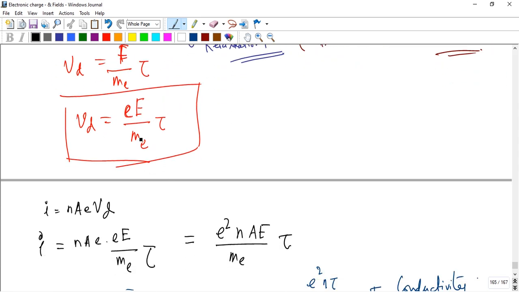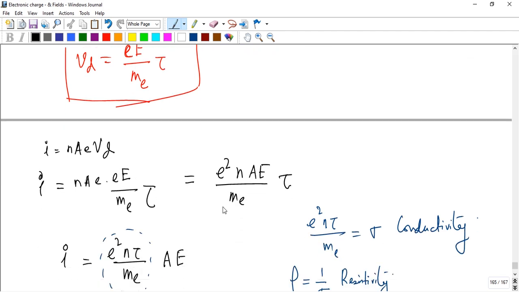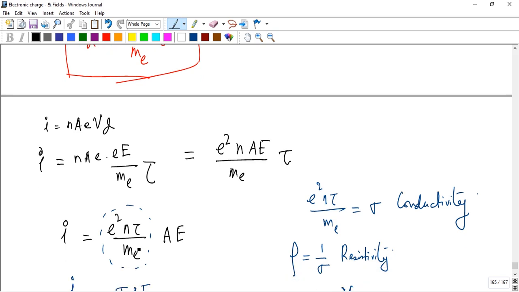Now we put the Vd expression in this equation. Here we get some constant terms, like e squared, where e is 1.6 into 10 to the minus 19 coulomb, the charge of a free charge carrier, either positive or negative, it doesn't matter here. Tau is the relaxation time, the time taken between two successive collisions. m is the mass of the electron, A is the cross-section area, and E is the electric field.